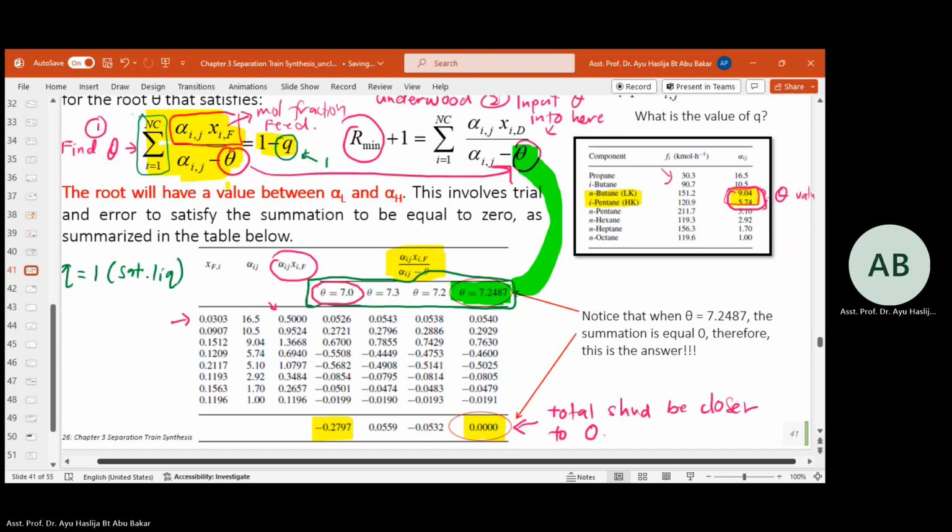Okay, any question before I move to the next step? This one you want to find the theta first. Okay, 5 minutes for you to digest. Then I proceed to the next step to find the Rmin.